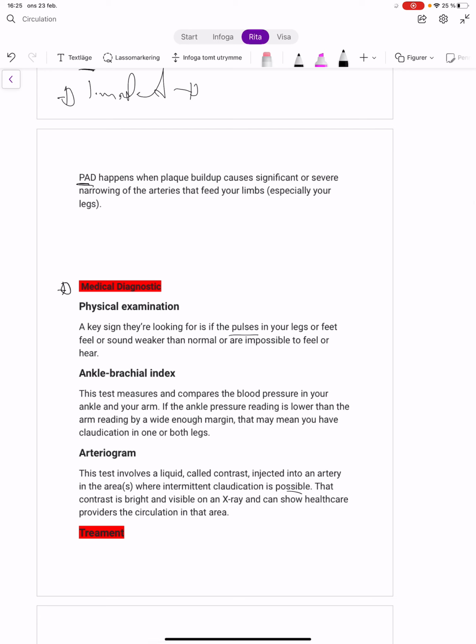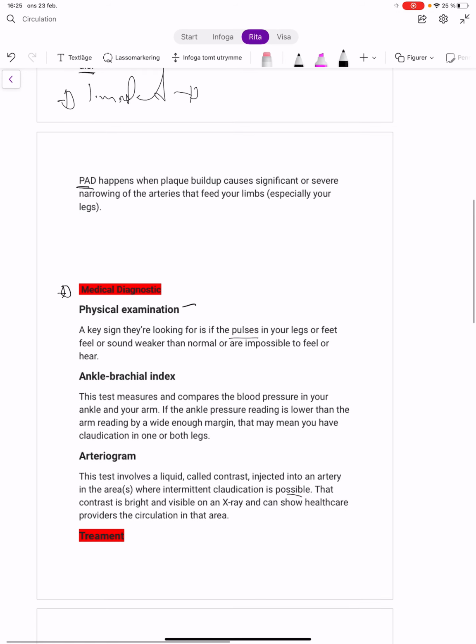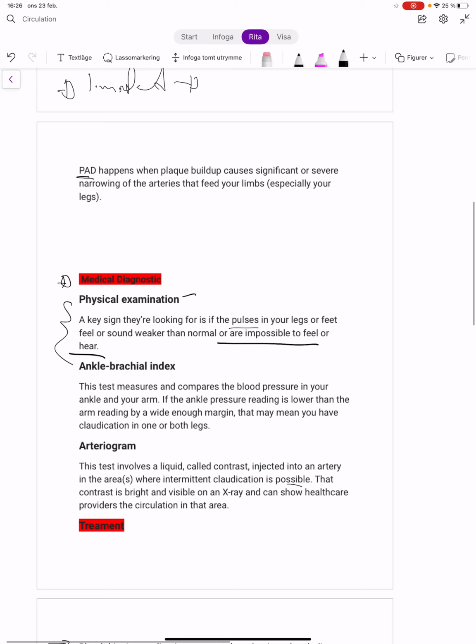Now, the medical diagnosis: how can we diagnose this disease? One, we have physical examination, and the key sign we are looking for is whether the pulse in your legs or feet feels weaker, or is hard to feel or hear. This is a clear indication of limited supply of blood to the lower extremities. Now, the ankle-brachial index. This test measures and compares the blood pressure in your ankle and arm.